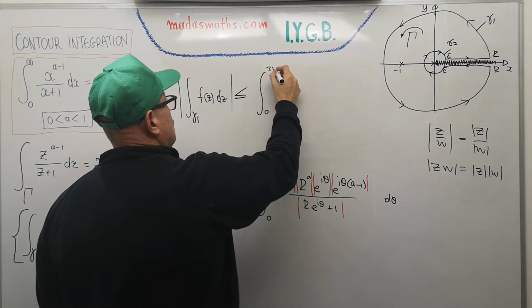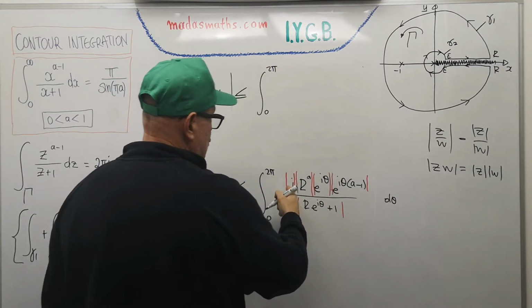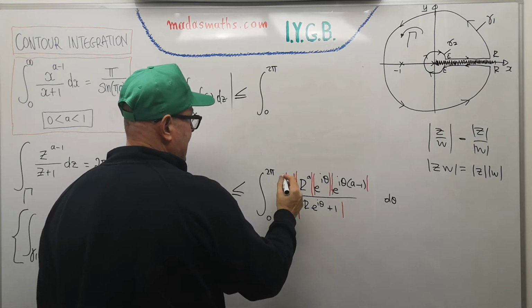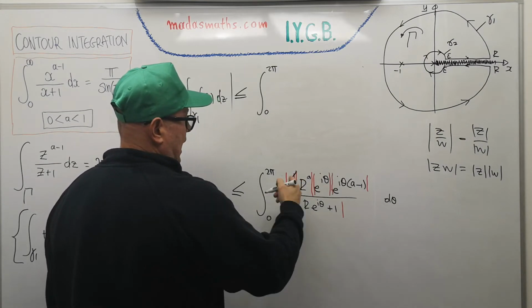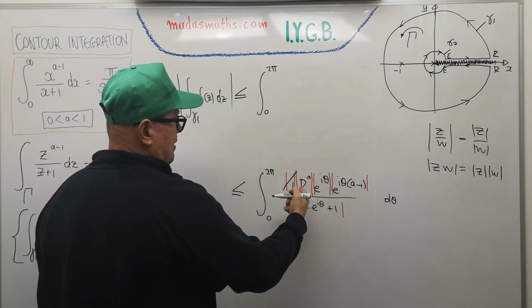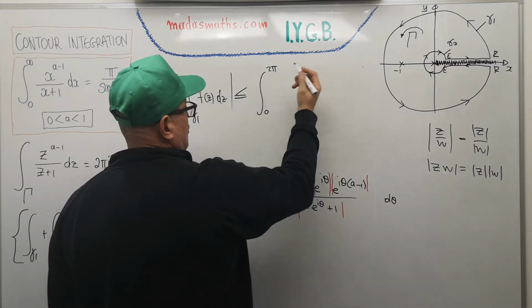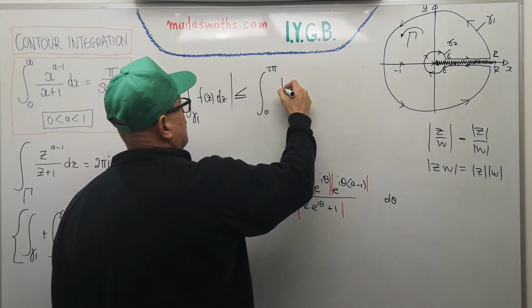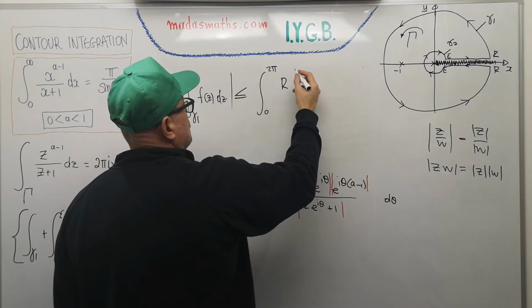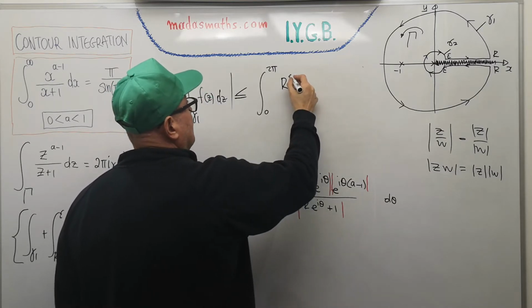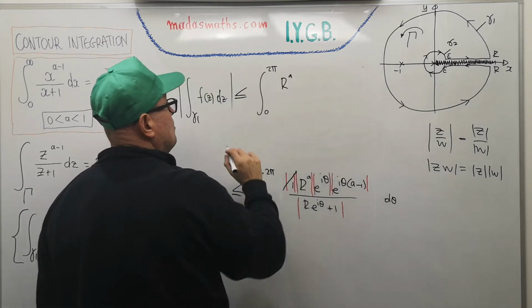Integral 0 to 2 pi. The modulus of i is of course 1. R to the a, this is a positive number, the r, and therefore this will be a positive quantity. We don't actually need a modulus around the r to the a, beg your pardon.